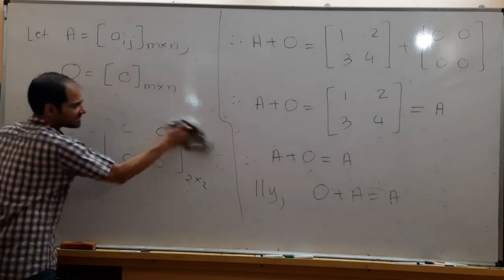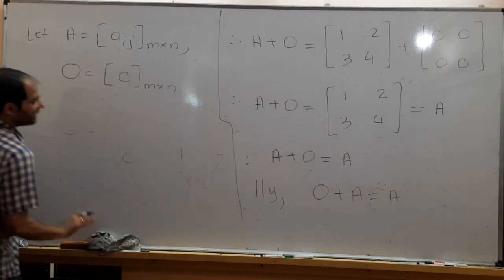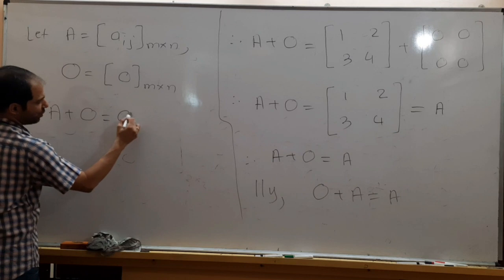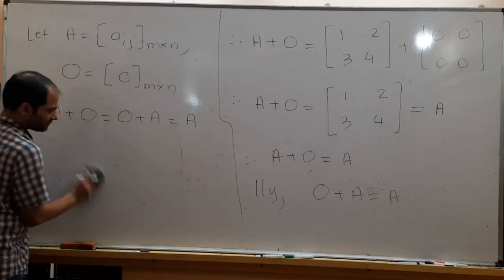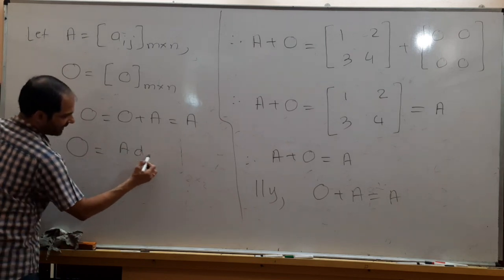Then A plus O is equal to O plus A. Therefore, A plus O is equal to O plus A is equal to A. Therefore, O is the additive identity.